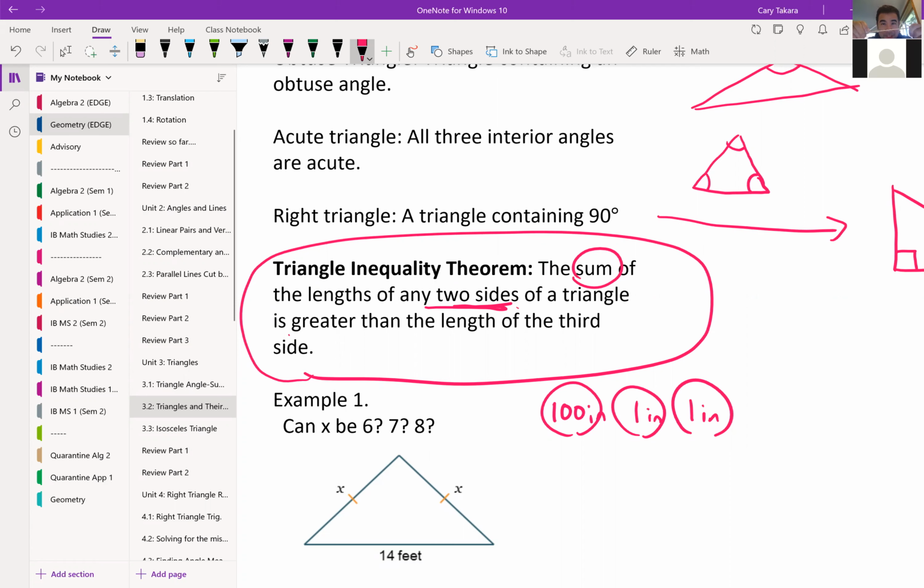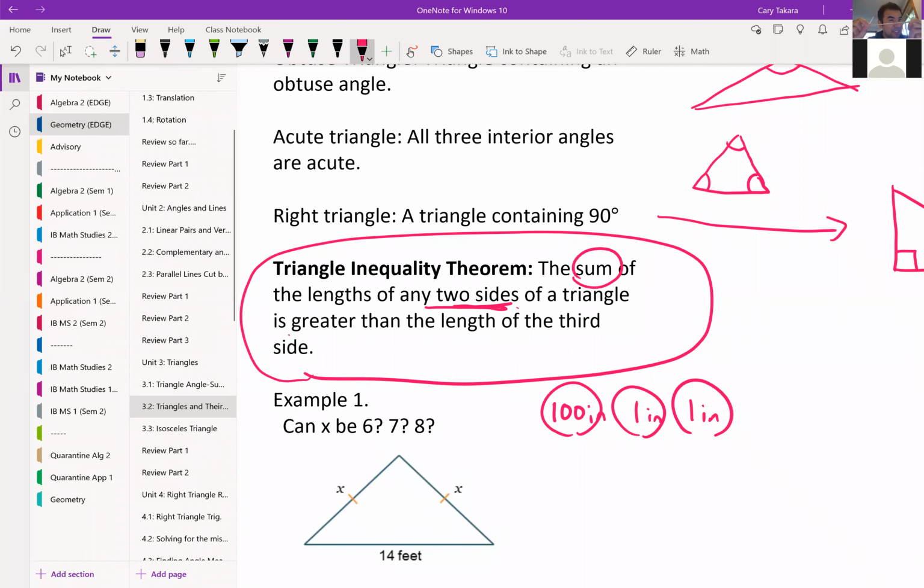It's impossible, isn't it? In other words, these two sides have to be bigger than the third side. And clearly 1 plus 1, which is 2, 2 inches is not bigger than 100 inches. And so it's impossible to create a triangle.